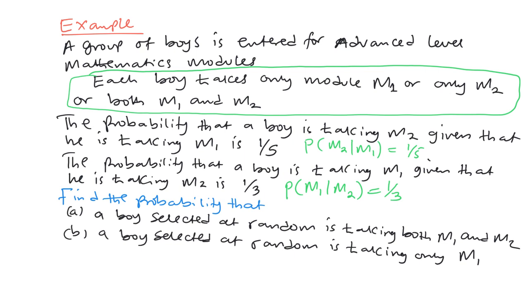Now, this means that we don't have any single boy who does not take any of these. So everybody lies in the union, and therefore the probability of the union is equal to 1. Such events, where the union forms the whole probability, are what we call exhaustive events. So with exhaustive events, the probability of M1 union M2 is going to be 1. So let's solve the problem right from there.